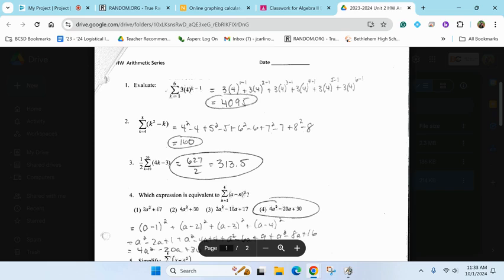And when you get to number 3, you can type the 1/2 in front. You can move your arrow over to the left and type it 1/2.